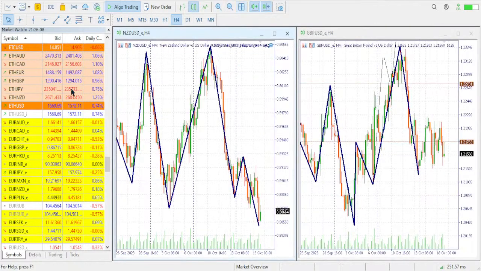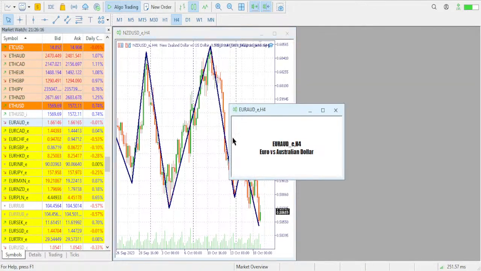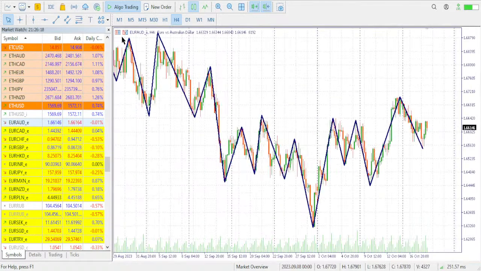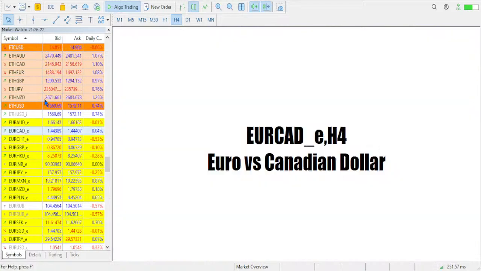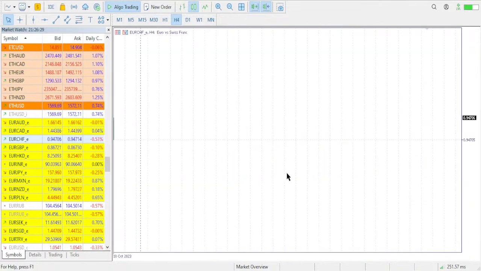So let me add my charts on the screen. I'll attach this Euro AUD. Then I'll also attach Euro Canadian dollar. And then I'll also attach Euro versus Swiss franc.